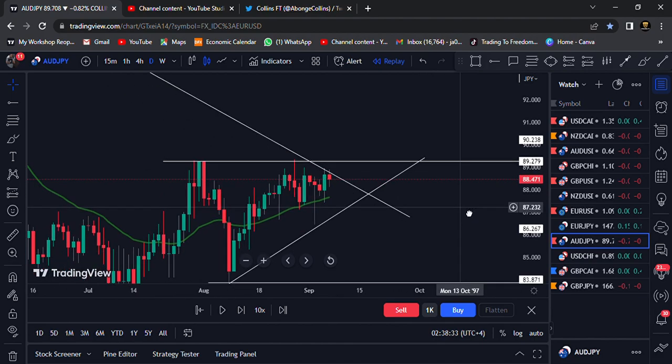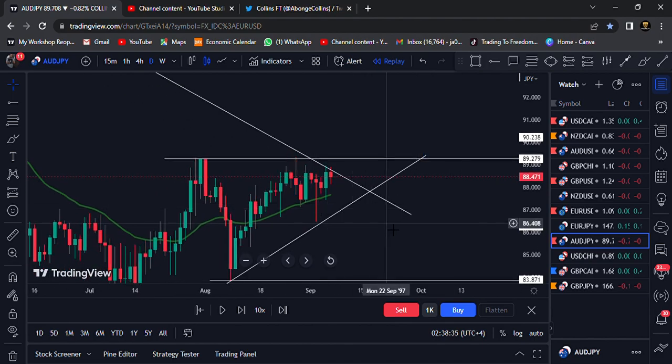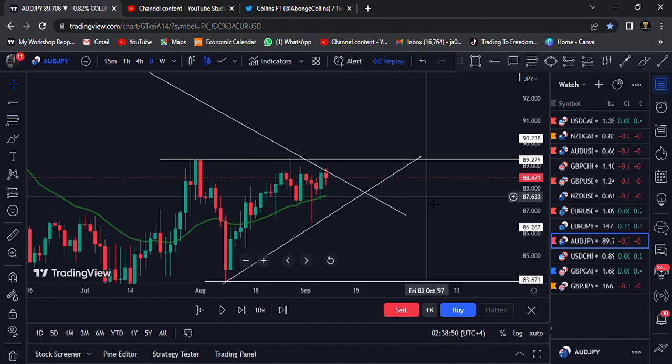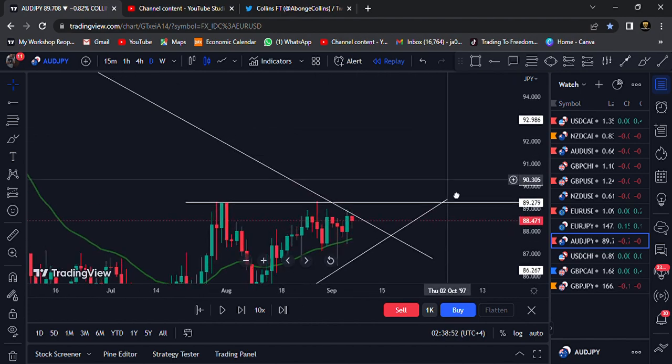So guys, right here, it's exactly what we're gonna do. The market has given us a kind of signal. So this was Thursday. This is actually a signal, a buy signal.